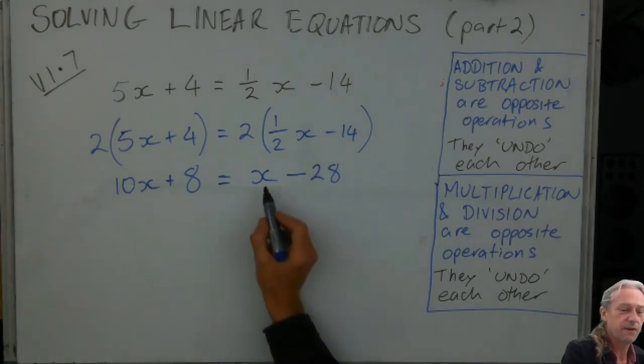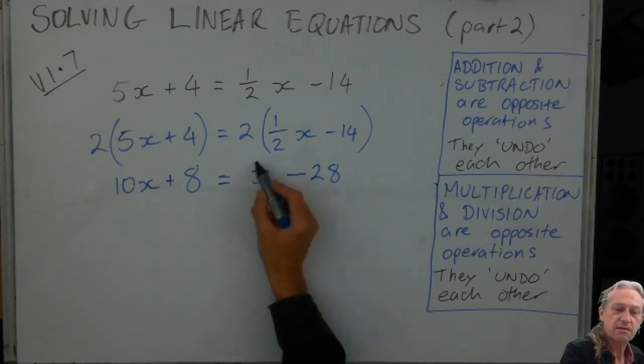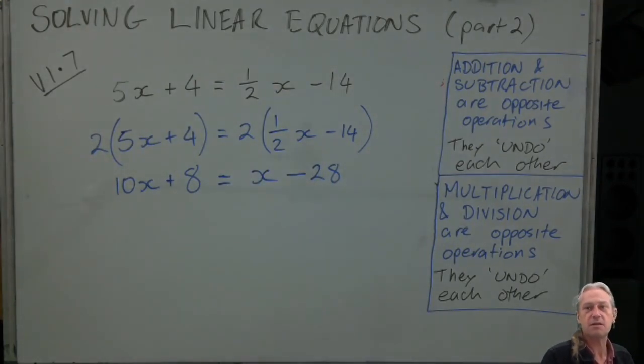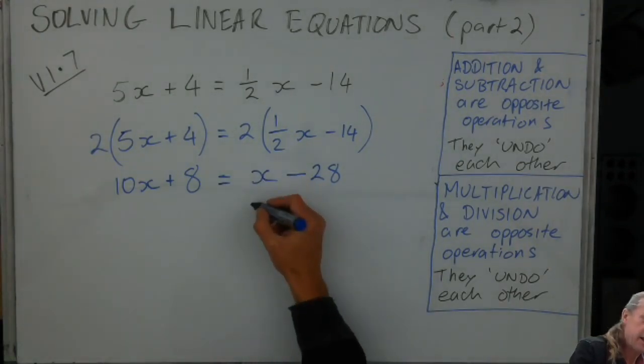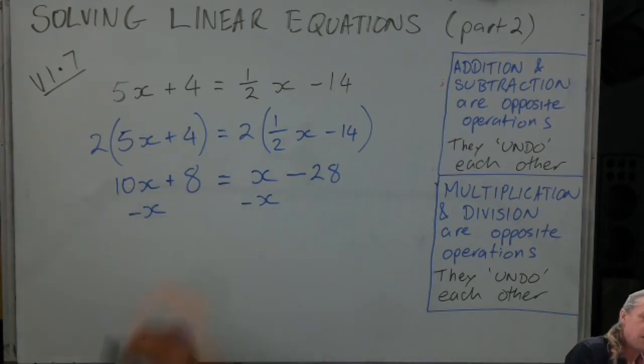So the first thing I'm going to do is, let's subtract this x from both sides. Sorry about my phone dinging. We'll subtract this x, and we have to do it over here as well.